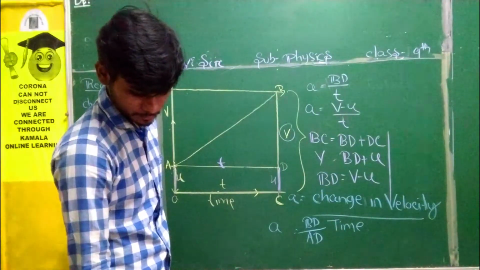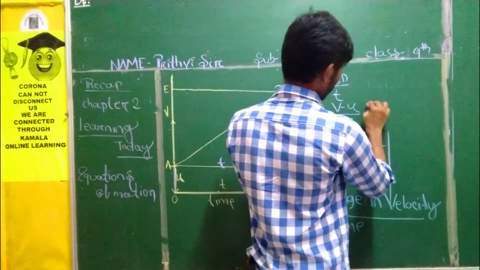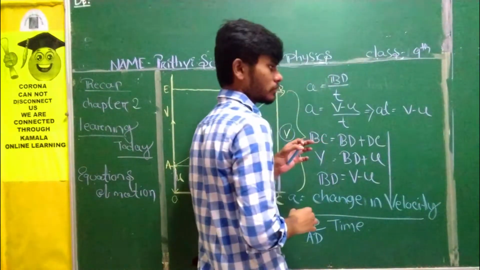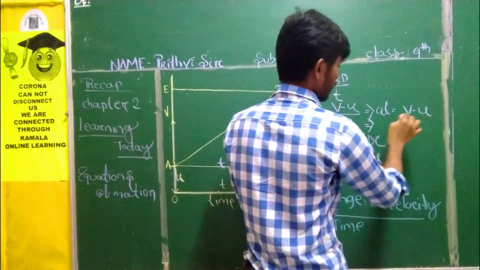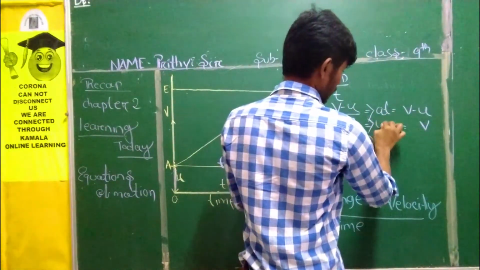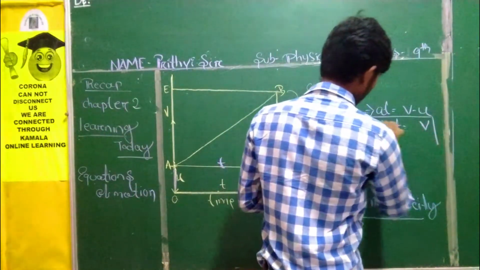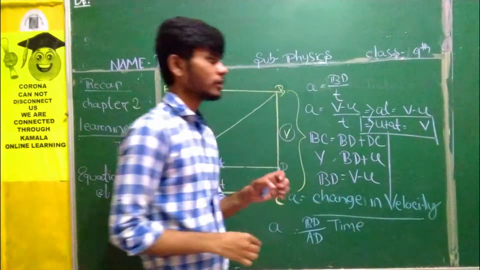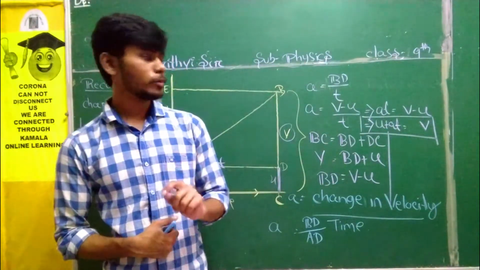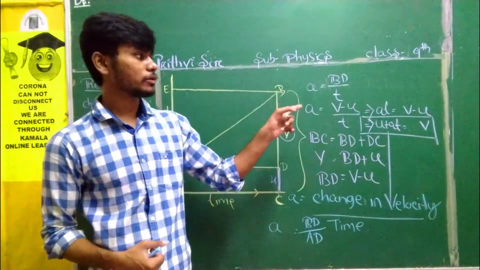Then if I solve this, AT is equal to V minus U, or you can say V is equal to U plus AT. This is your first equation of motion, students. Velocity time relation: V is equal to U plus AT.